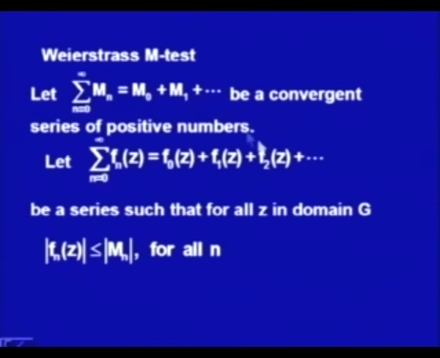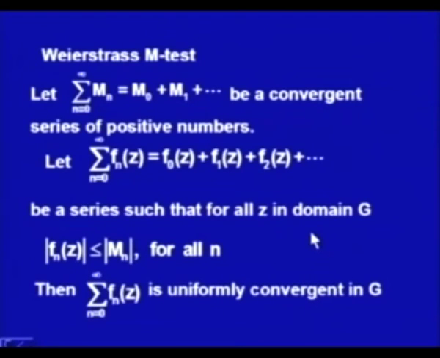So, if terms of this series are smaller than terms of the other series, and if the series of M_n is convergent, then this series will also be convergent. Accordingly, summation n equals 0 to infinity f_n(z) is uniformly convergent in G.